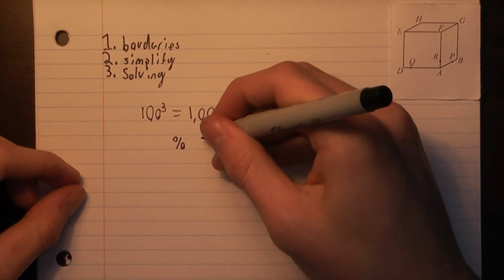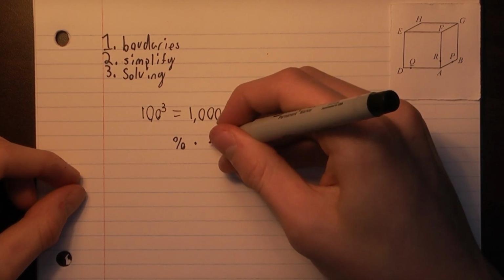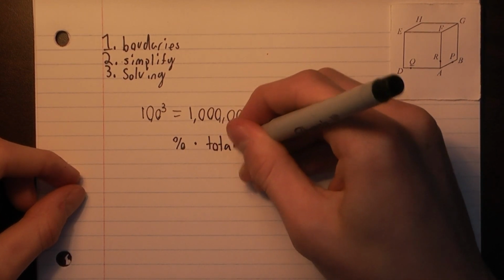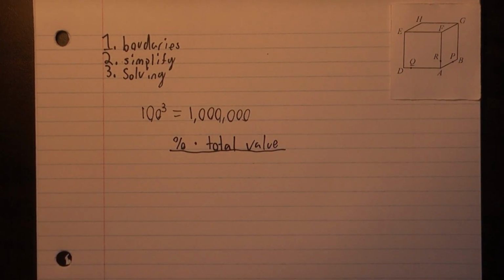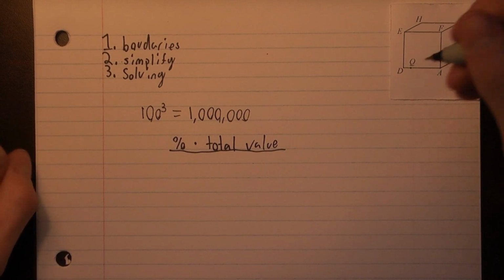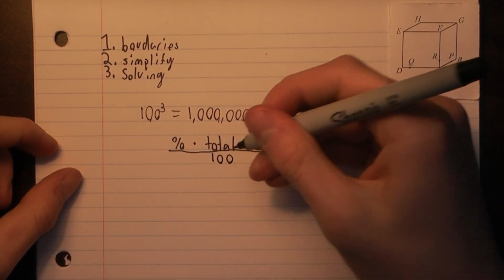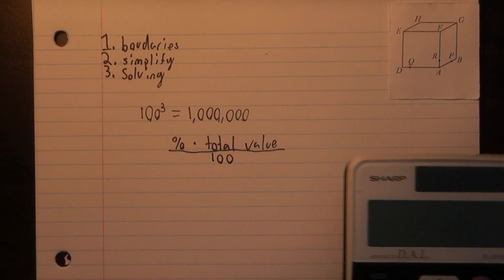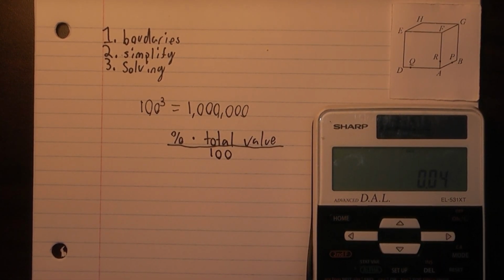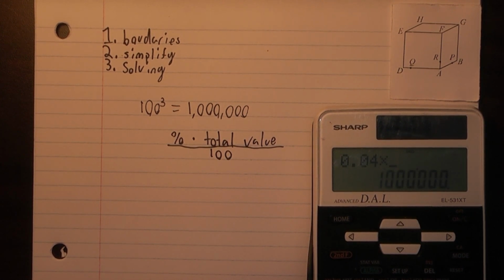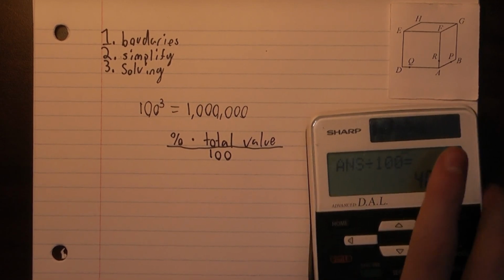You have your percentage, and then you have the total value that you're finding the percentage of, and then you divide it by 100. So if I grab a calculator, put in the percentage, that's 0.04, times the total value, which is 1 million, divided by 100, we get 400.